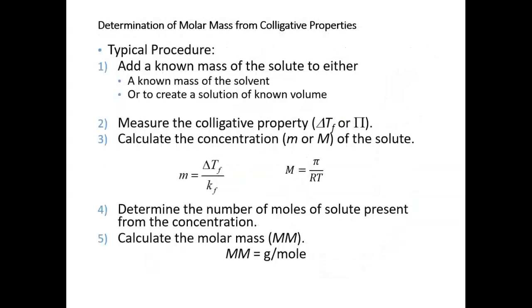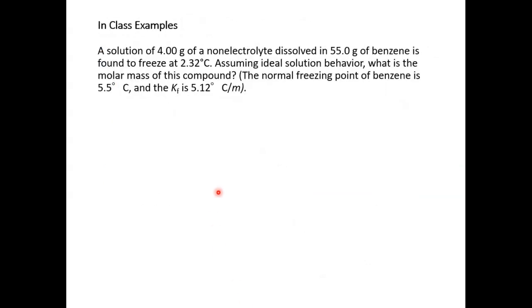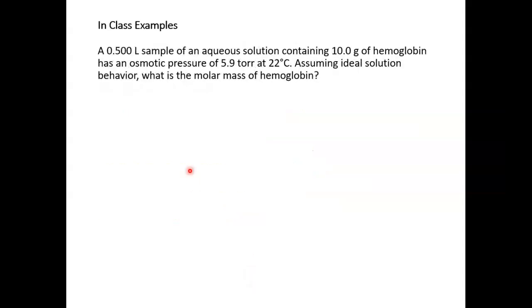All right, so this was what I wanted to do. Not this one. This one. So this is number 25. Okay, a 0.5 liter sample of a solution that contains 10 grams of hemoglobin.